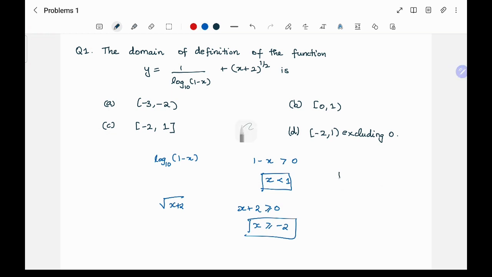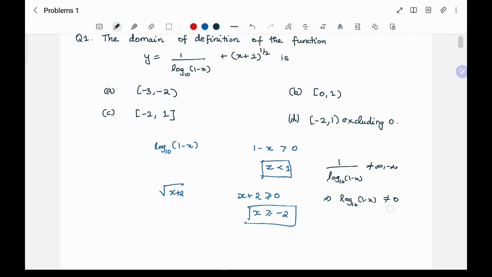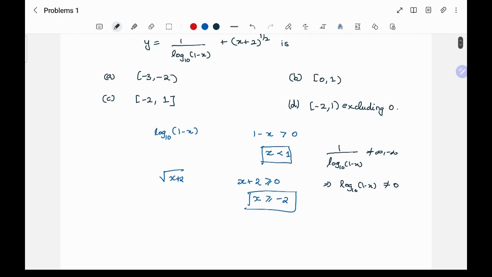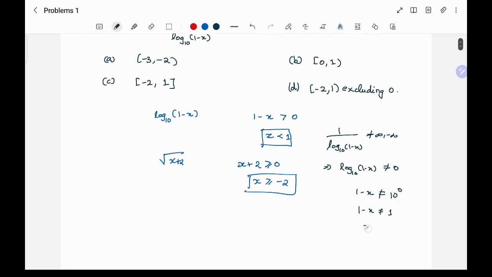So then what you have to do: 1 by log 10 into 1 minus x should not be equal to infinity or minus infinity, which implies log 10 of 1 minus x should not be equal to 0, because 1 by 0 becomes infinity. So then 1 minus x is not equal to 10 power 0, and 10 power 0 is nothing but 1. So we get x not equal to 0.